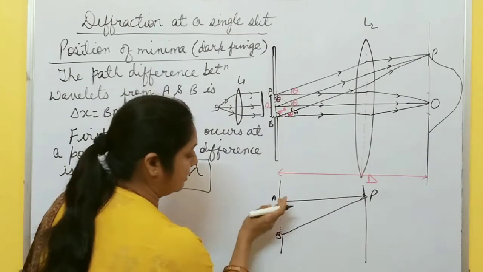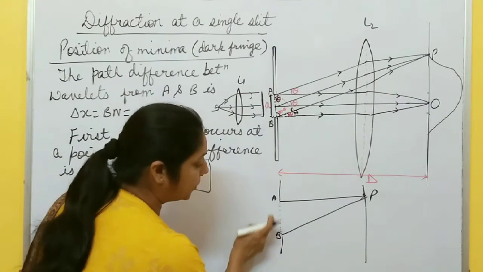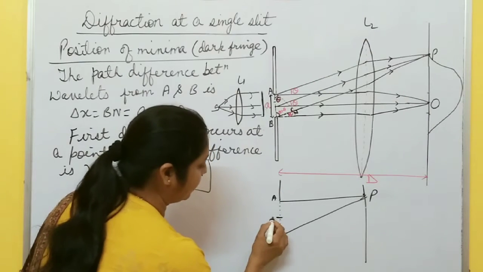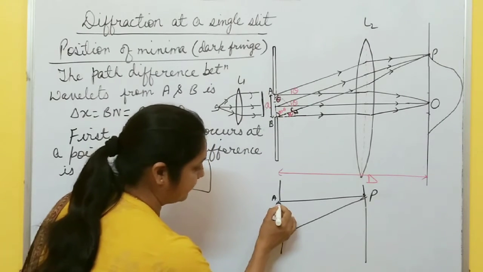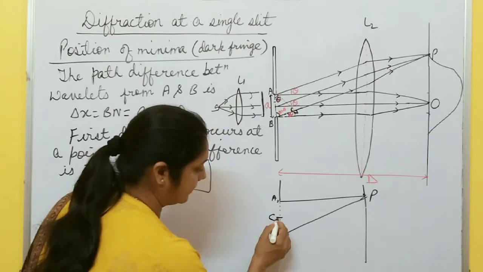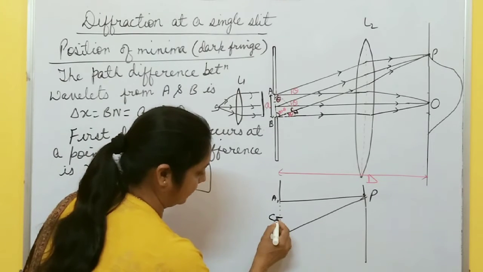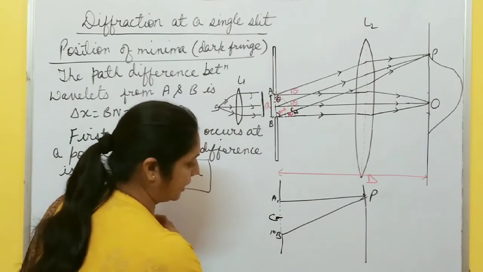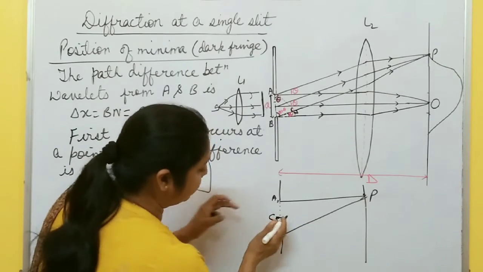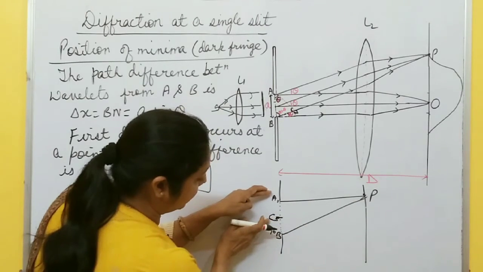Now divide the slit into two equal halves. At this point, suppose C, here is the first fringe, here is the 10th fringe, and at the center suppose the 5th fringe.